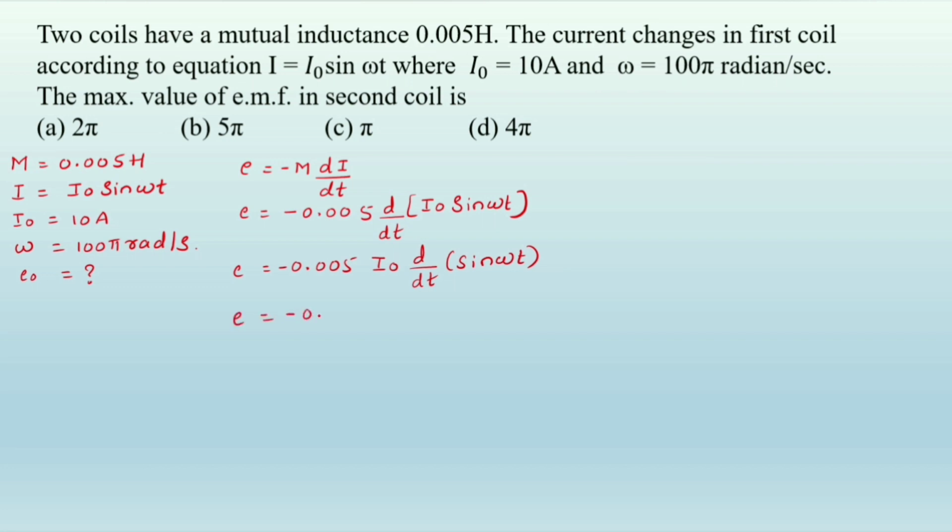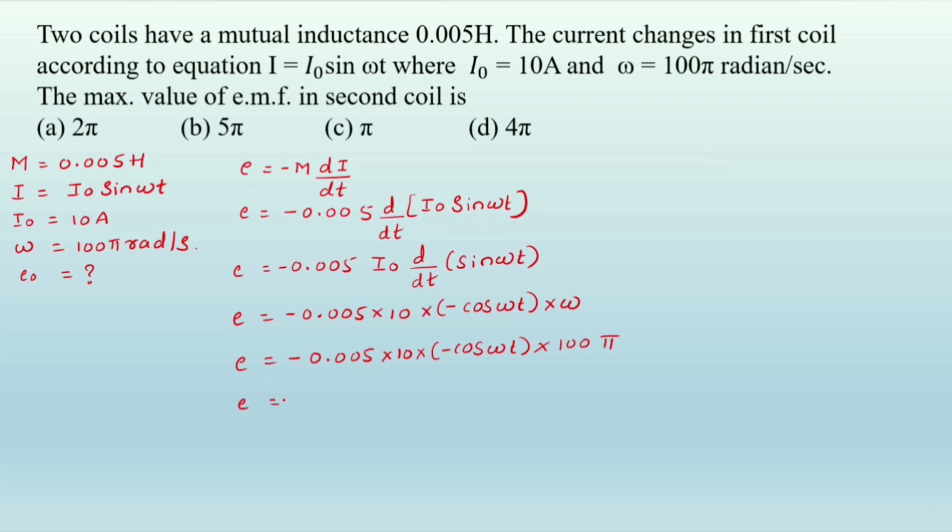So that gives minus 0.005 into I naught, value is given, that is 10, into d by dt of sin omega t, that gives cos omega t into omega. E equal to minus 0.005 into 10 into cos omega t into omega, value is given, that is 100 pi.